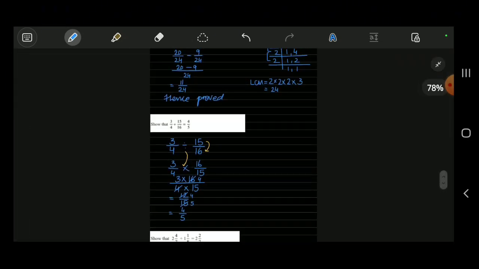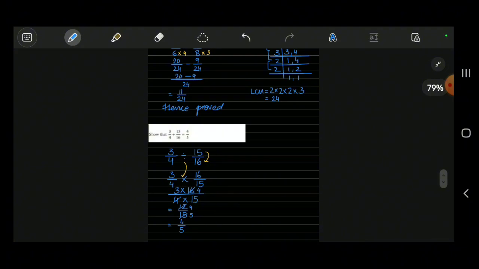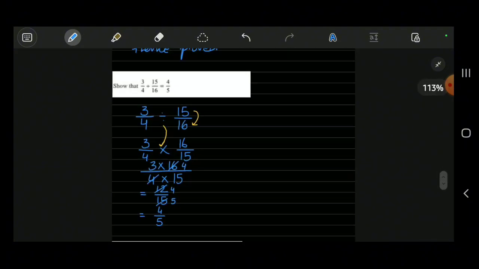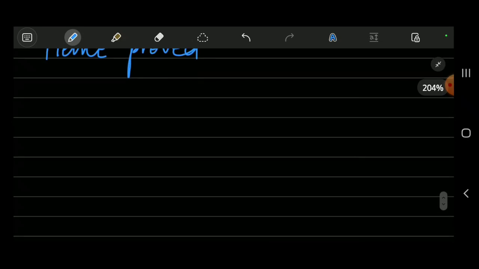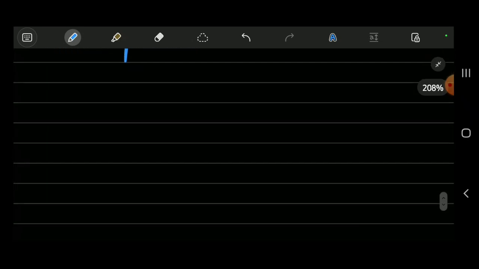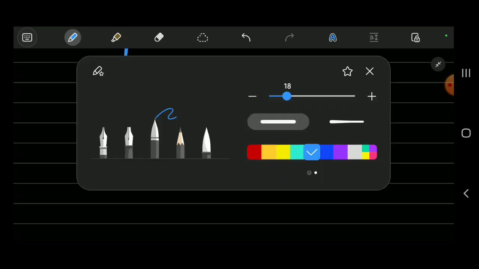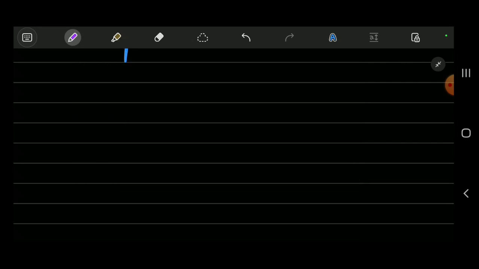This is all about it. Yes, I have one more example that is not here, but one tricky thing that could be, like sometimes you have to divide like this. You have a question of division like this, in which you have a second fraction as a single number, like 2 divided by 1 by 7.